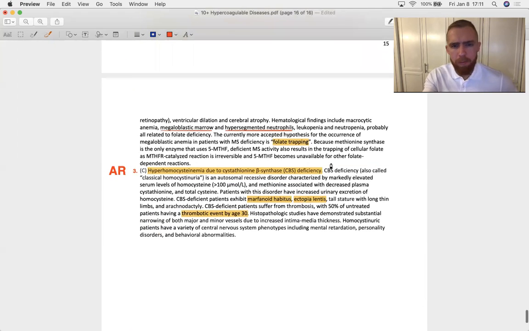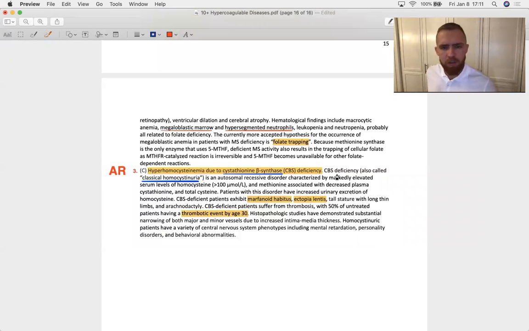And then number 3, you could have a cystathionine beta synthase deficiency. This is your classical homocystinuria, which is going to present with elevated urine homocysteine as well as a marfanoid habitus, ectopia lentis, dislocated lens. It's going to be down and out. And arachnodactyly, early thromboses.